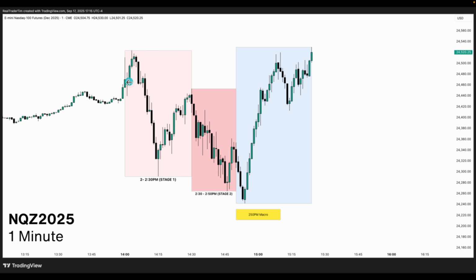Stage 1, we go a little higher, but ultimately the move is lower. We retrace back to EQ of this range here of stage 1. We go lower again at the start of 2:30, so stage 2. Okay, now you can see my annotations here. Stage 2, 2:30 to 2:50 p.m. Eastern Time. Why am I selecting 2:50 p.m.? Because 2:50 is the start of a macro, the 2:50 to 3:10 p.m. macro.